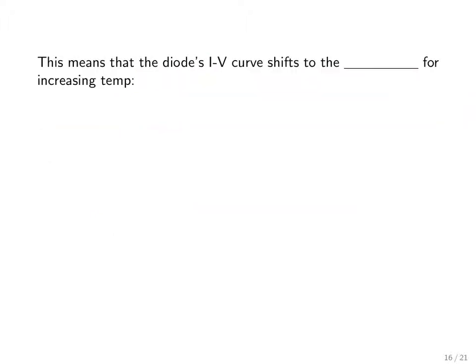And this means that the diode's IV curve shifts to the left for increasing temperature. So that would look like this. We have the voltage across the diode, and we have the current through the diode. This is about 0.7 volts for a PN junction diode.